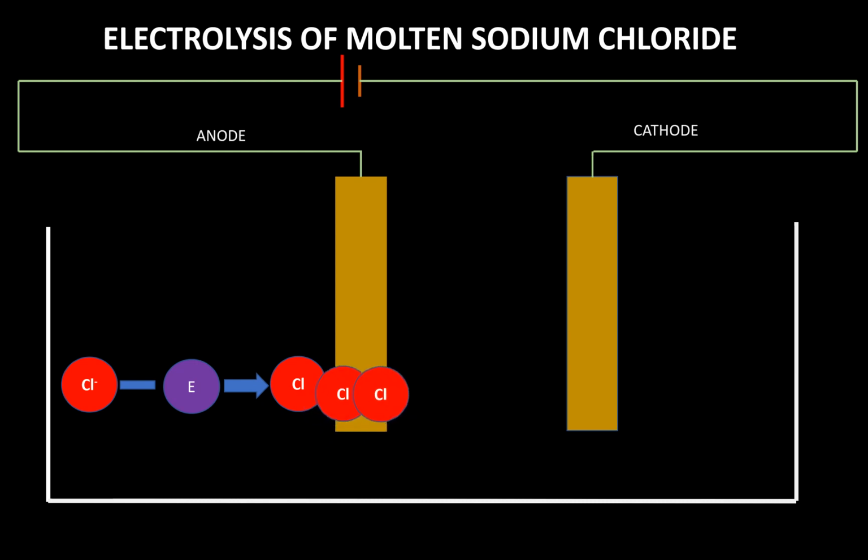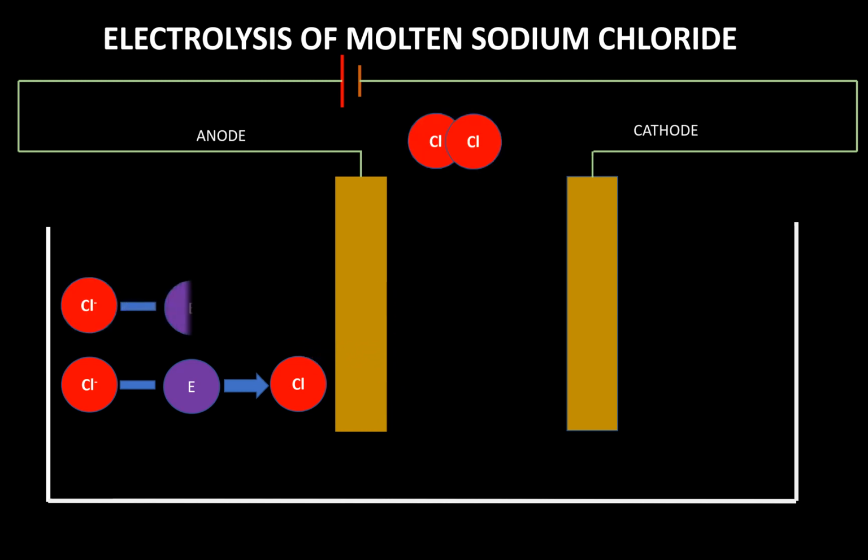Now to form that Cl2 gas, another Cl has to bond with this existing Cl. So I'm going to write one more equation for that Cl formation. There are in fact two chloride ions losing two electrons in all to form two chlorine atoms.